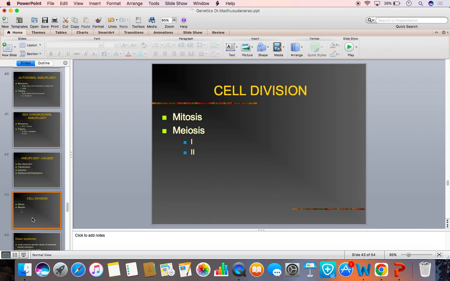In meiosis 1, there is reduction in the number of chromosomes, and the daughter cells receive half of the chromosomes from the cell which is undergoing meiosis. In meiosis 2, there is again the mitotic phenomenon producing two more daughter cells with haploid number of chromosomes. That's it.